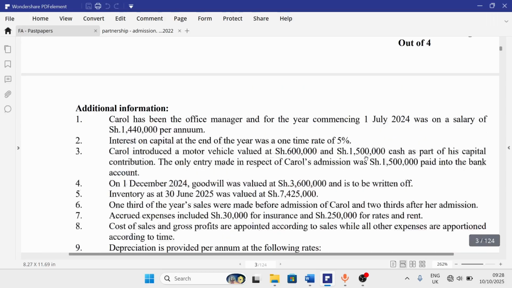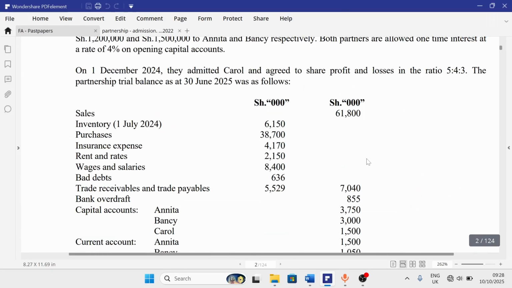So 30th June 2025 is the same date as the trial balance here. So we want to count the number of months since the date when Caro was admitted, 1st December 2024, to the date when we are preparing the financial statements, 30th June 2025.